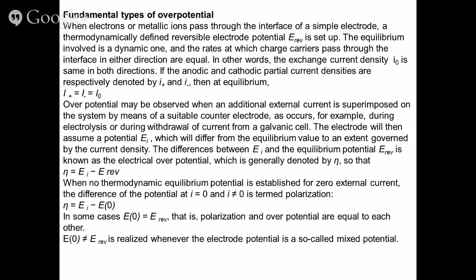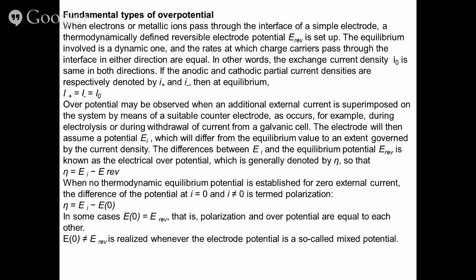So what it only means is that the rates at which charge carriers pass through the interface in either direction are equal. That is, metal is getting ionized, and some ions are capturing the electrons from the electrode. In other words, the exchange current density I0 is the same in both directions.